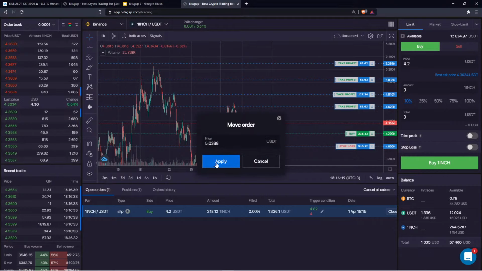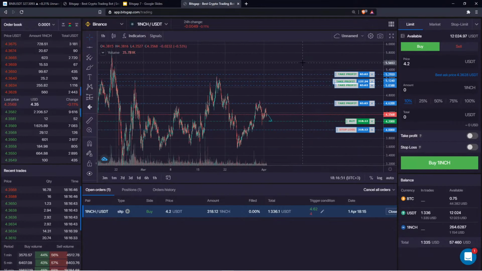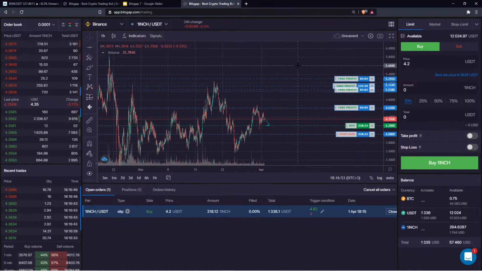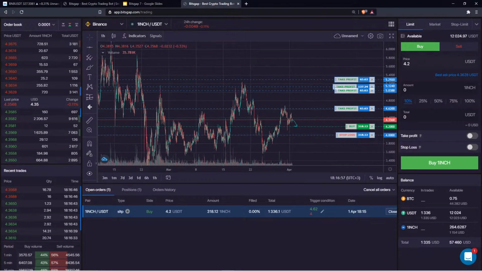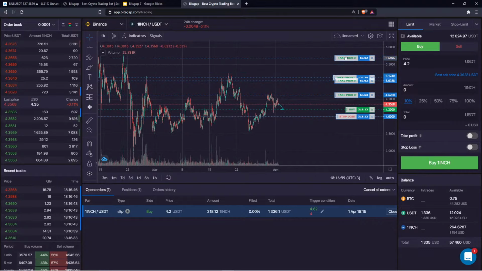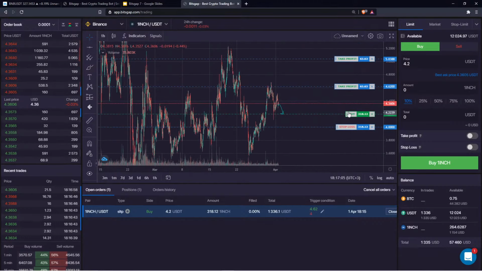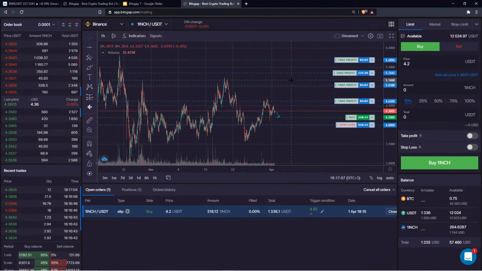You see, because sometimes visually you find better price points where you want your take profit to be set. So that's why we have this opportunity to drag the line. It's pretty convenient. It literally takes you a few seconds to do.